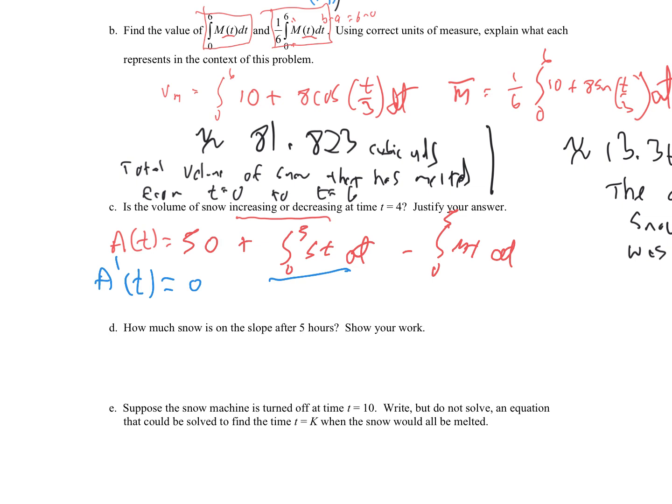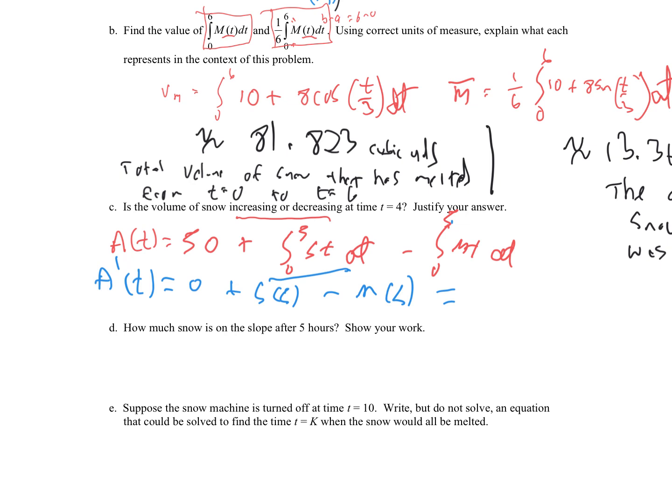And since t is becoming a 5, it's going to be 0 plus s of 5 minus, and also this becomes m of t, but because I'm taking the derivative straight across, derivative cancels out the integral, and I'm going to be plugging in 5 in place of time, so that's going to be m of 5. It is going to be some value that I need to know if it's positive or negative, because positive means it'd be increasing, negative would imply it was decreasing.